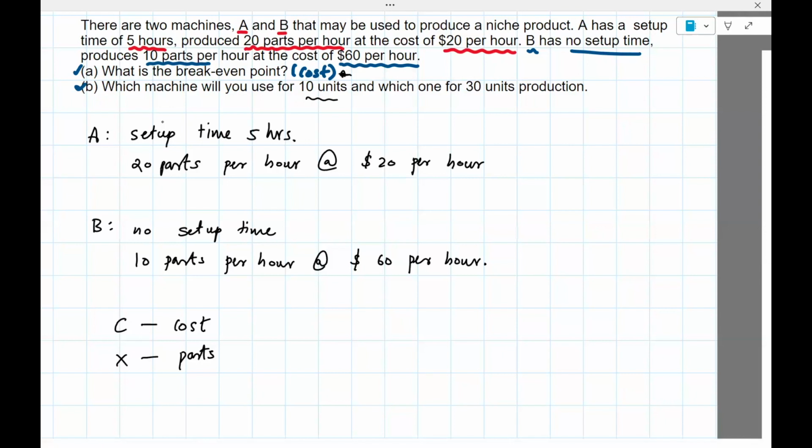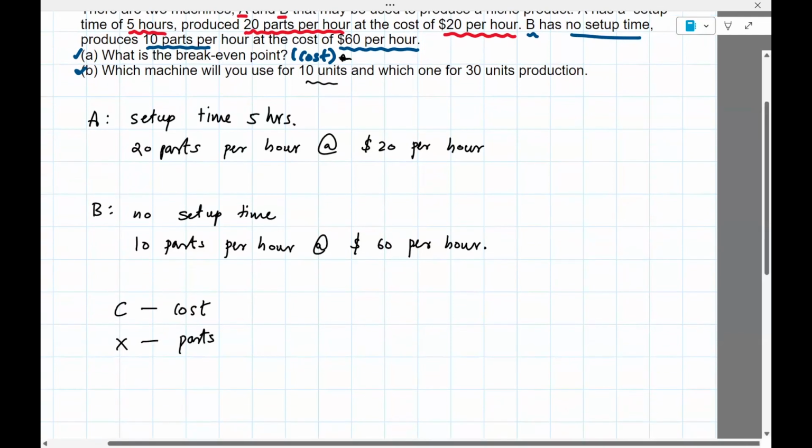We'll establish a relation between cost and the number of parts for machine A and the same for machine B. You'll have two competing costs, and you'll find the point at which the cost of A equals the cost of B, and that will give us the break-even point.